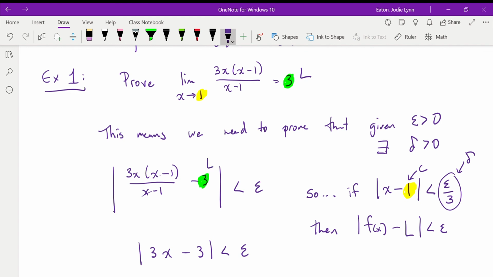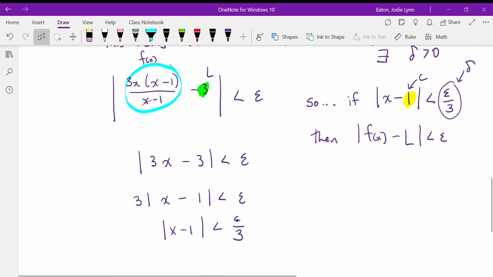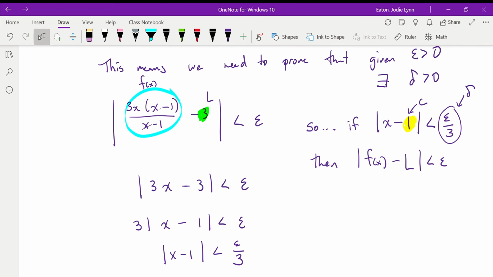So we have our L, we have our epsilon, and we have our f of x right here. So we took an epsilon greater than 0. We proved that there exists a delta greater than 0 by finding that delta in terms of epsilon.